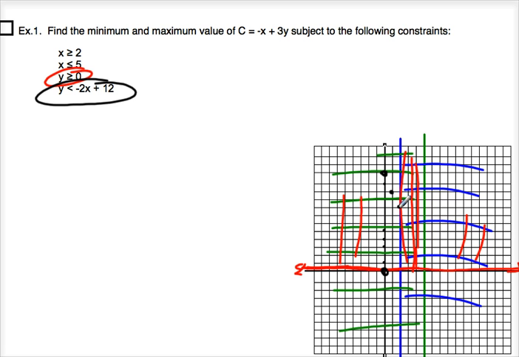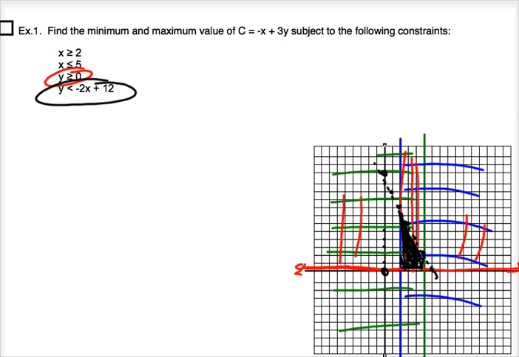I'm going to do this a bunch of times because what I need to be able to identify is where our boundary lines cross. And now that one would be dotted. And where is y smaller? That would be down. When I go down, this is the region that gets colored. There's a small trapezoid right here that represents our feasible region.